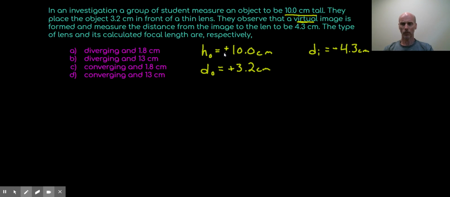And in the end, we want to figure out the kind of lens, which you'll see really comes down to knowing what the focal point is. If we can figure out the focal length, then we can determine the type of lens being used.